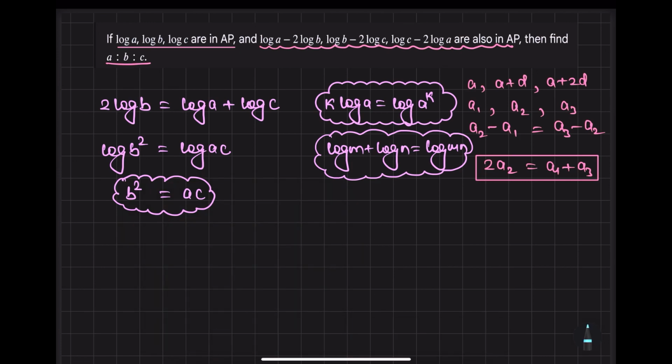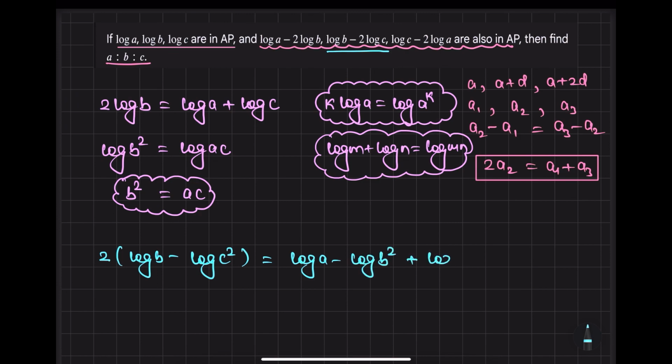In the next part we have this. So this is the middle term. So can we write 2 times log B minus 2 log C. So can I write log C square? And then first term plus last term: log A minus log B square plus log C minus log A square.